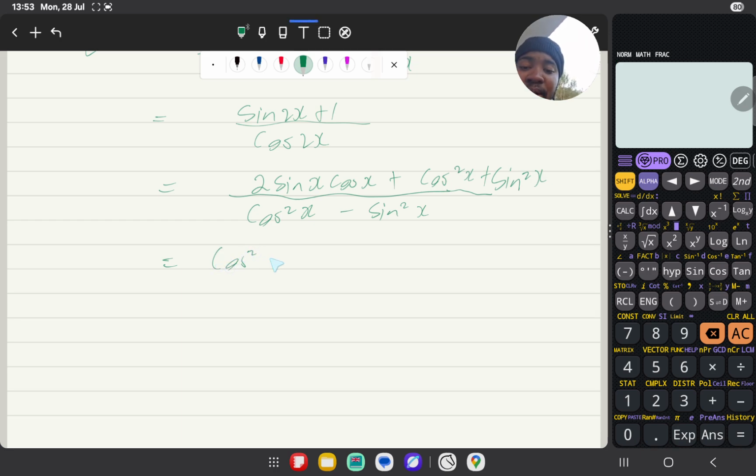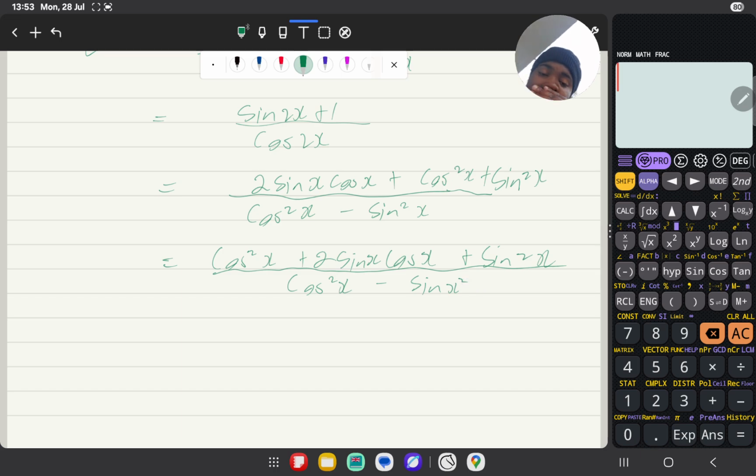Say I have cos squared x plus 2 sine x cos x, and then plus sine squared x, right? And then I have this, cos squared x minus sine squared x.